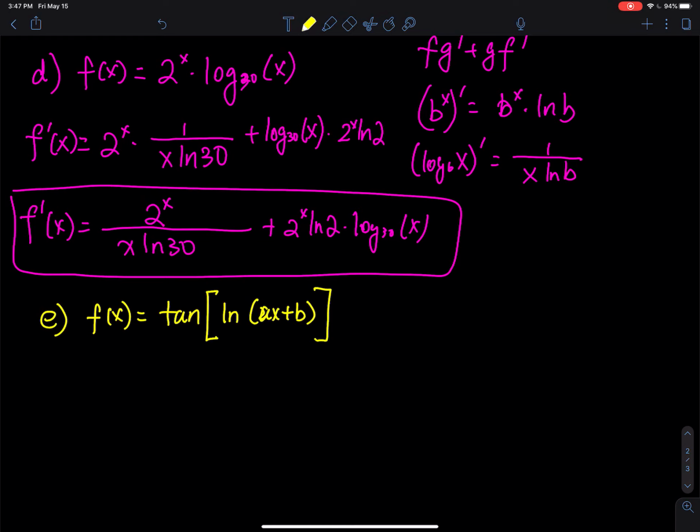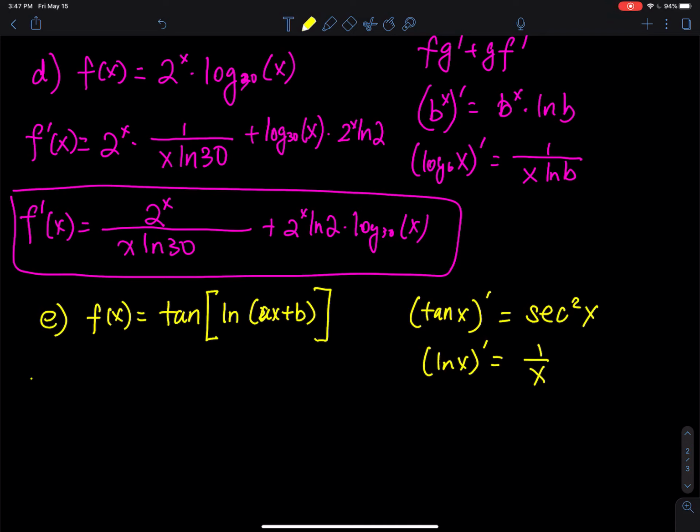First of all, the derivative of tangent x, you will be using this again and again in your differential calculus class and your next level, is secant square x, and the derivative of ln x is 1 divided by x. These two formulas, you will make friends with them for a while.